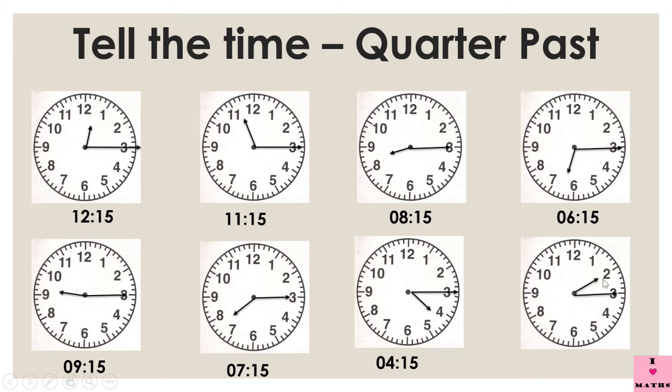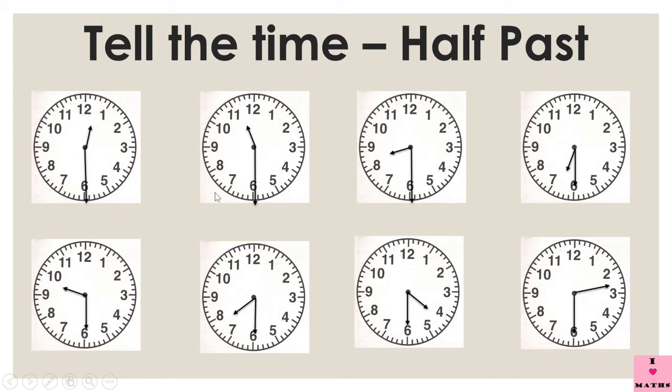Here the hour hand has gone beyond 2 and the minute hand is on 3. So this is called quarter past 2 or 2:15. So this was reading the time when the minute hand is on 3. Okay.